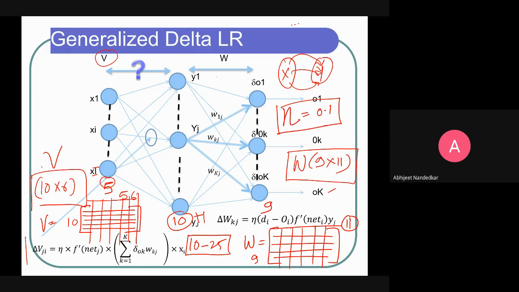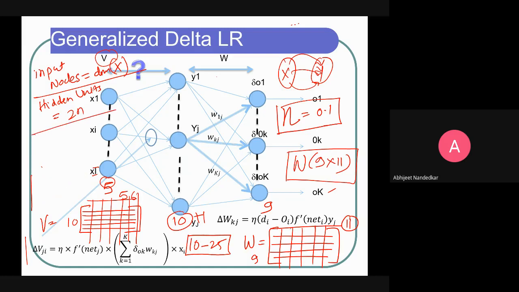Okay, so what things will you require? You will require to decide input nodes that I said equal to the dimension of the input vector. Then you require to decide hidden units. In general you take twice this dimension, and then output layer nodes, that is equal to the number of classes.